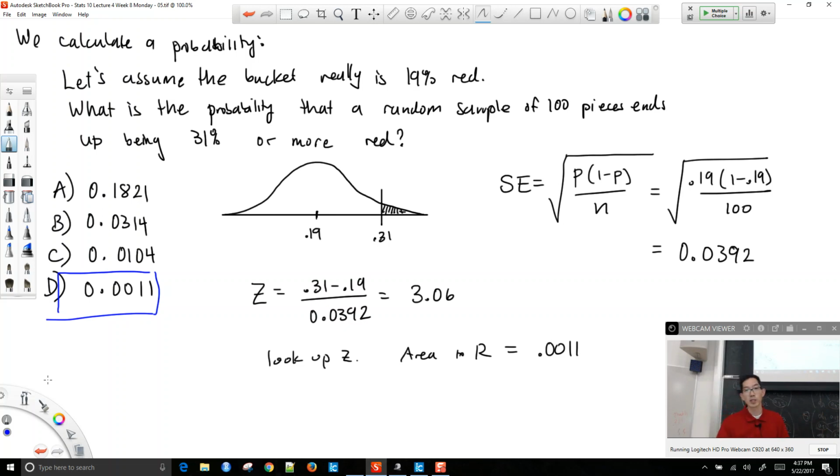So we assume the conditions are met, and therefore we can assume it follows a normal distribution. But yes, technically we should check the conditions to make sure.